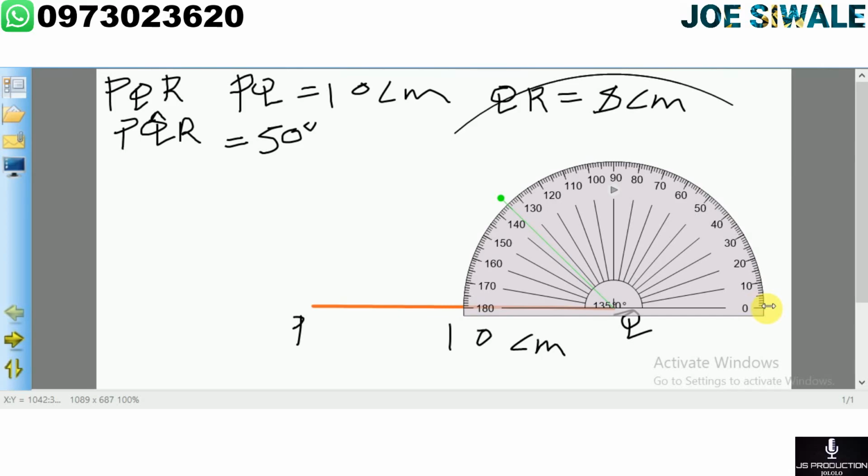And as you can see, the 0 starts from the right side. So I'm going to consider the 108. So 108 will be my 0 here. That means I have 10, 20, 30, 40, 50. So where there is 130, that's my 50. And I'm going to mark this point.